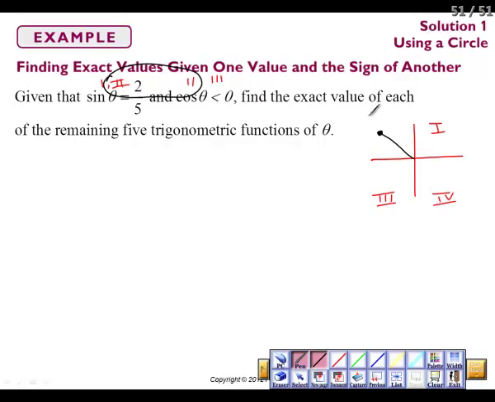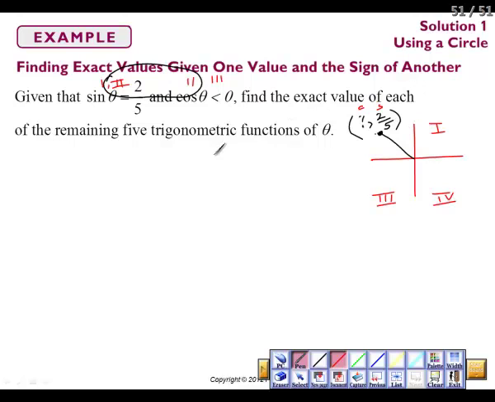What that means is here's our coordinate, cosine and sine. We know what sine is. It's 2 over 5. But we don't know what cosine is. So here's cosine, here's sine, and we need to find what they are.